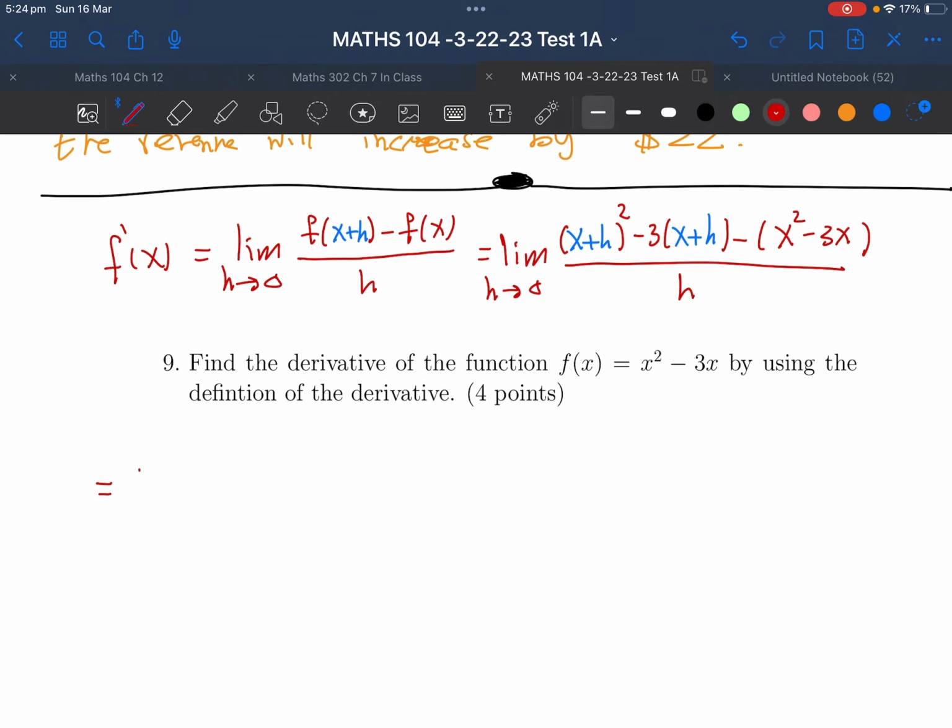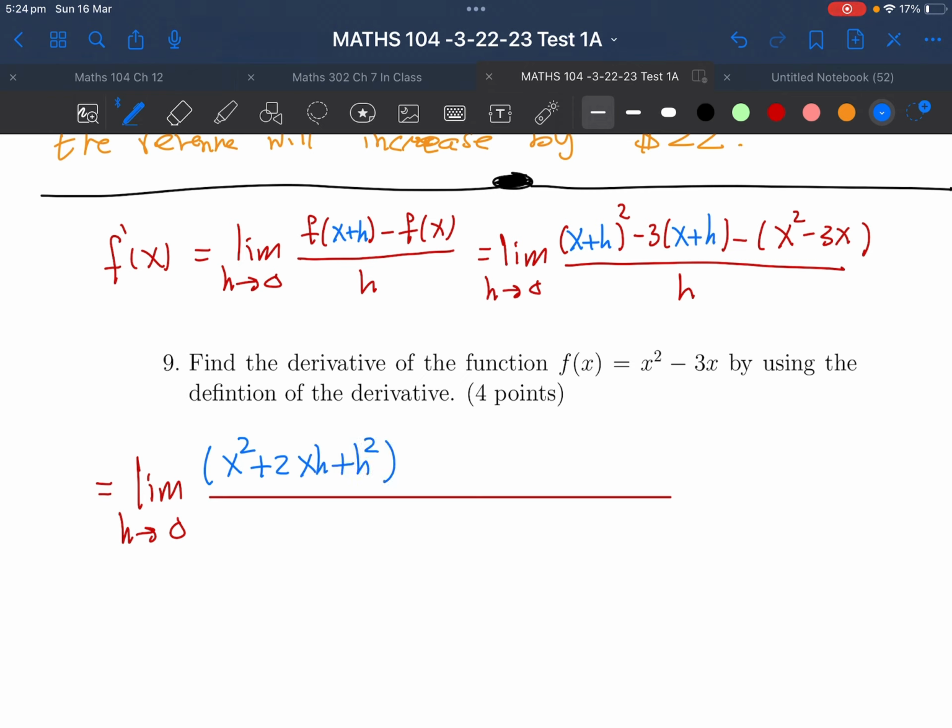So we get the limit as h goes to 0 of the following: x squared plus 2xh plus h squared minus, take the 3 inside, so we get 3x minus 3h, take the minus inside, minus x squared plus 3x, divided by h.